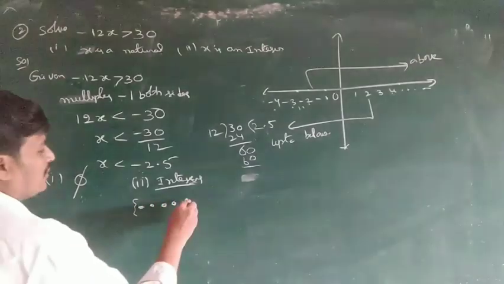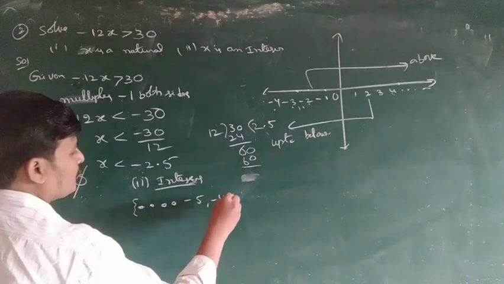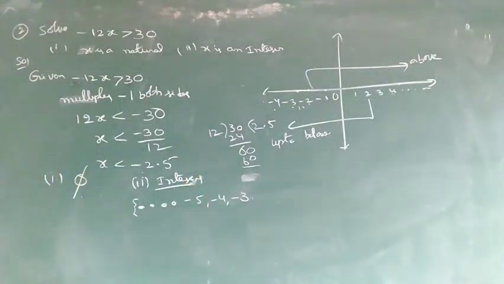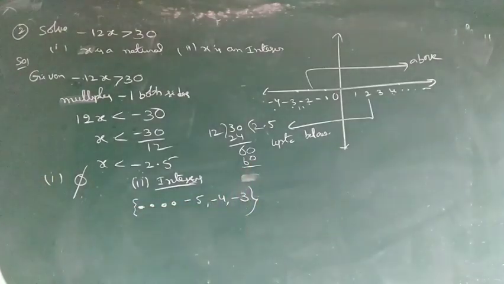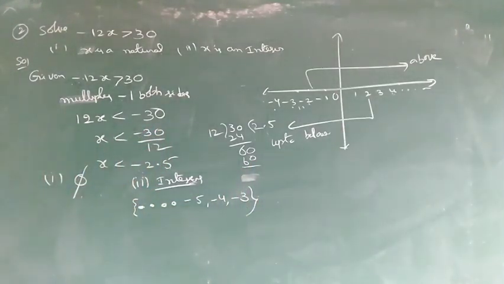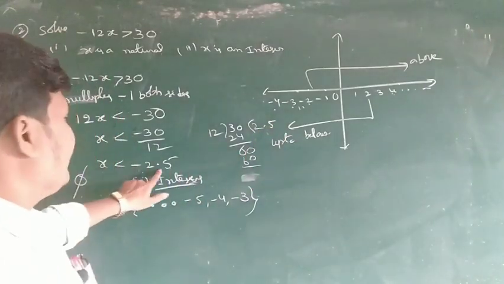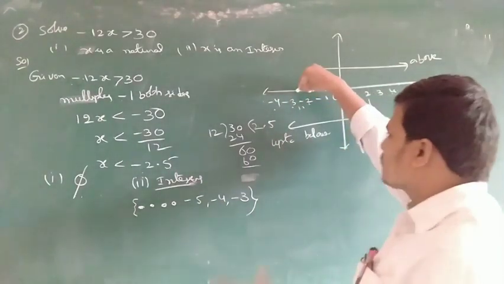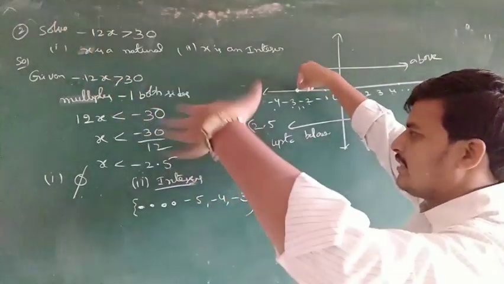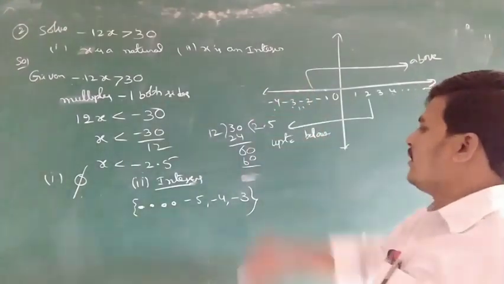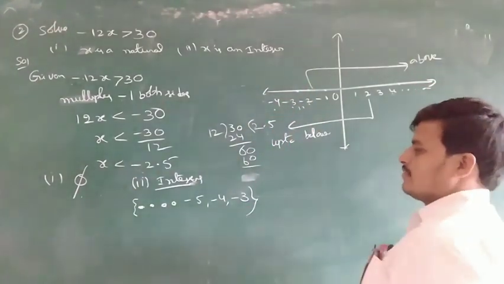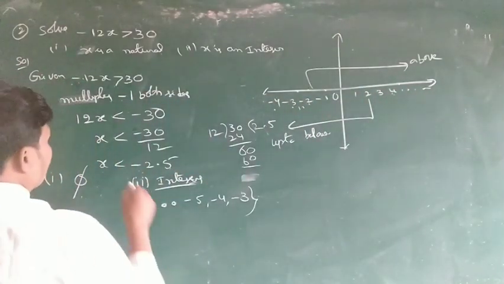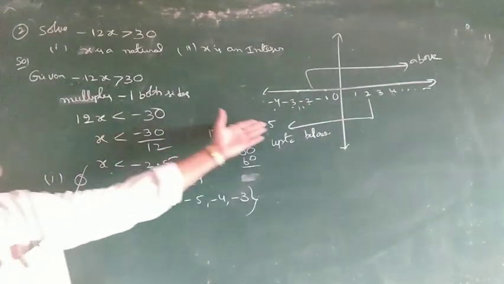So these are all negative integer values.